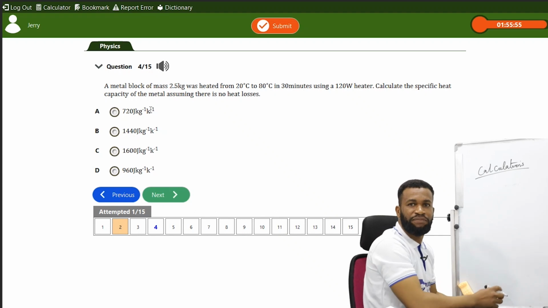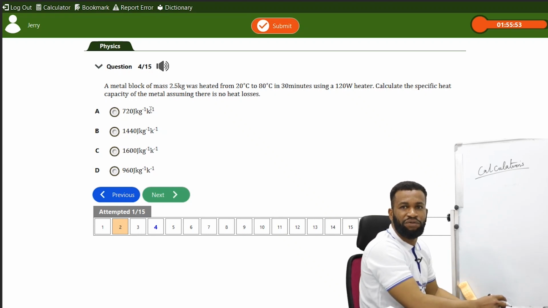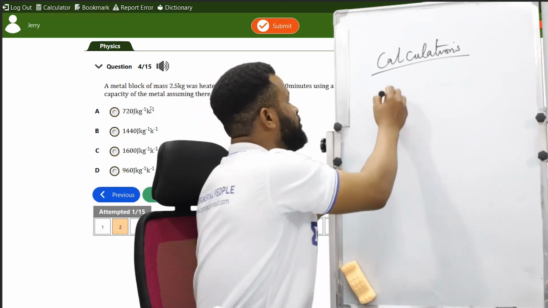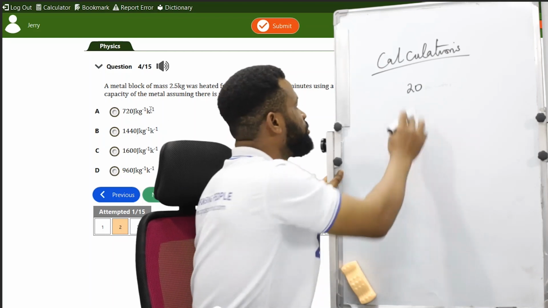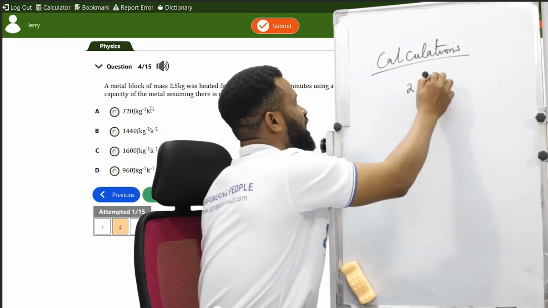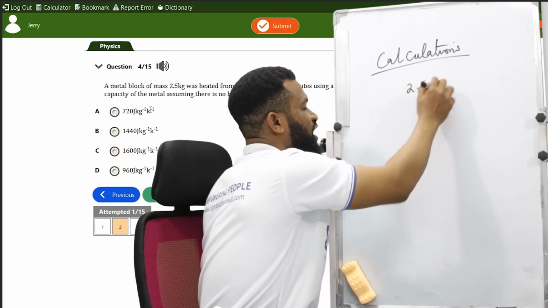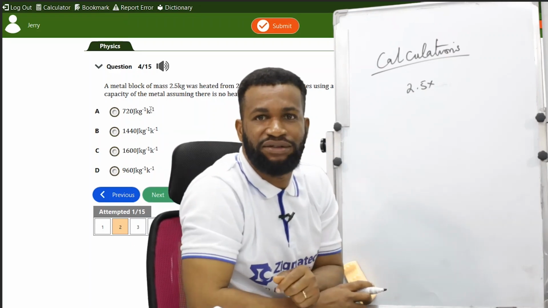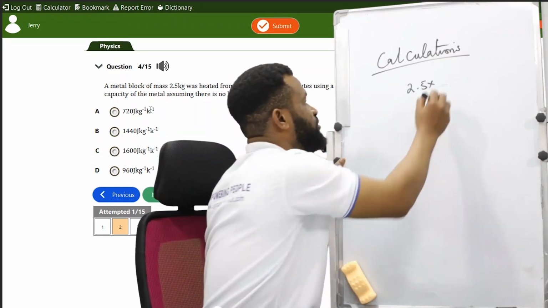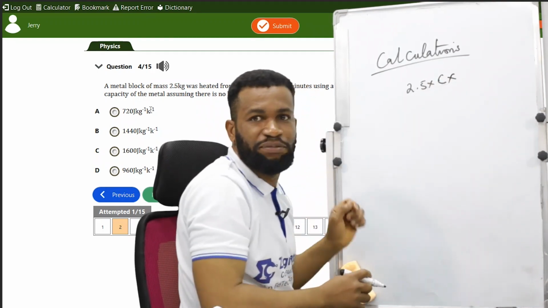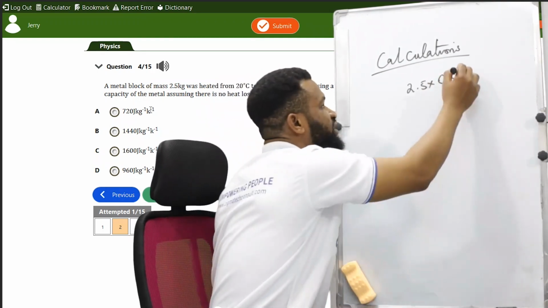So a block of mass 2.5 kg was heated from 20 to 80. So that is going to be 2.5 times the specific heat capacity of the metal, which is what we are looking for, times the change in temperature, 80 minus 20, which is 60.